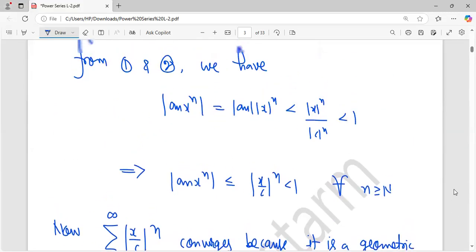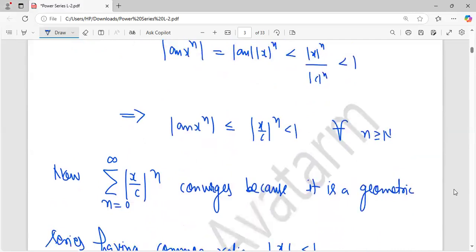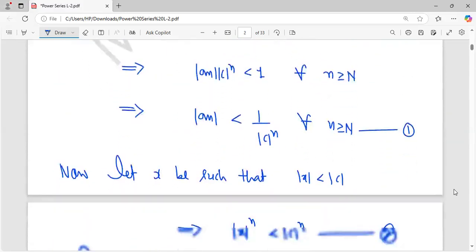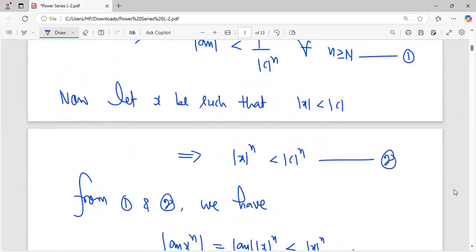It is less than 1 because the absolute value of x is less than the absolute value of c. So the common ratio is less than 1.